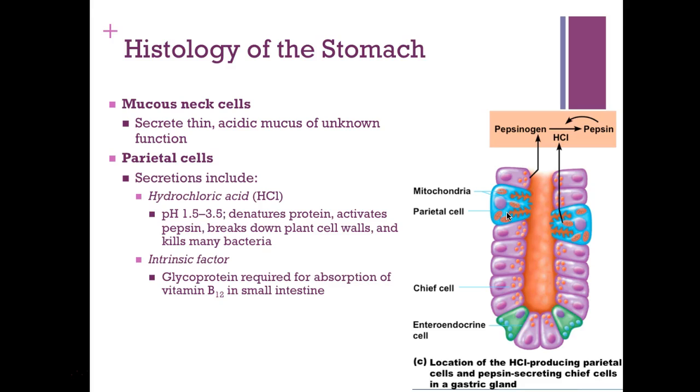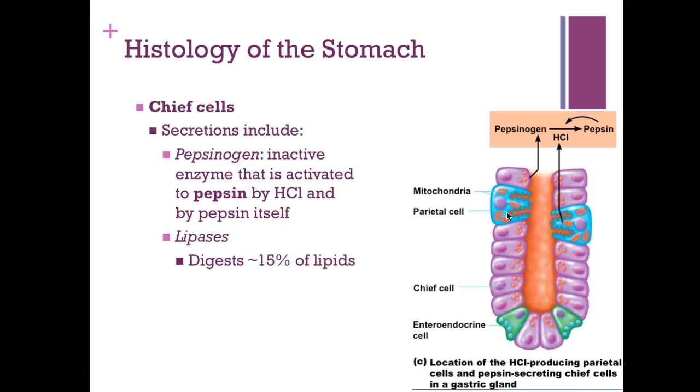We also have a component called intrinsic factor that is secreted by parietal cells, and this is a glycoprotein needed for us to absorb vitamin B12 within our small intestines. By the way, I forgot to mention that the hydrochloric acid secreted by the parietal cell is going to help take the inactive form, pepsinogen, and turn it to the active form called pepsin. And this, once again, will help to break down protein.